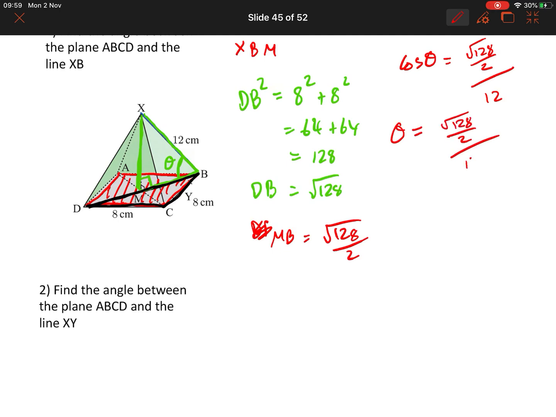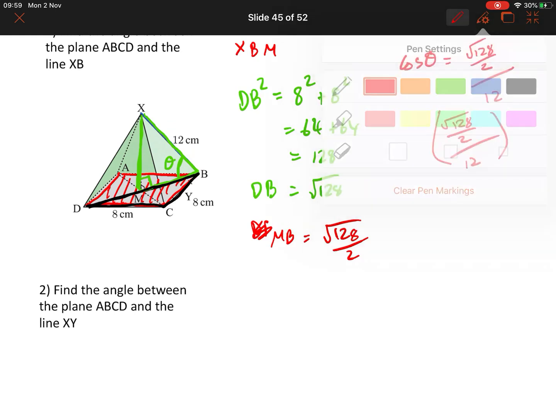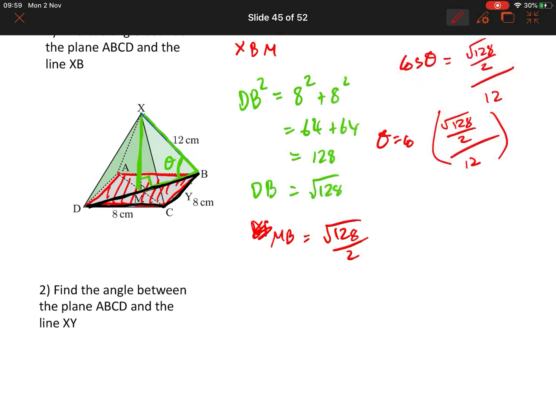Sorry, I messed that up. My angle is shift cosine of that number. So again, I'm going to put that in. Shift cosine of root 128 over 2, and I'm just going to put divided by 12.